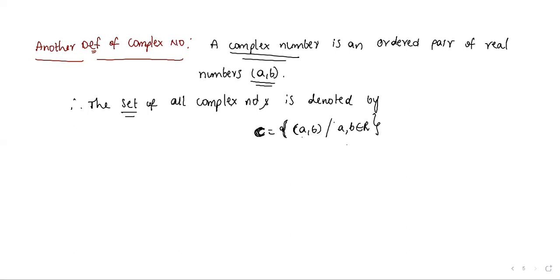Now the next definition, equality of complex numbers. If any two complex numbers are equal, then it can be written as follows.